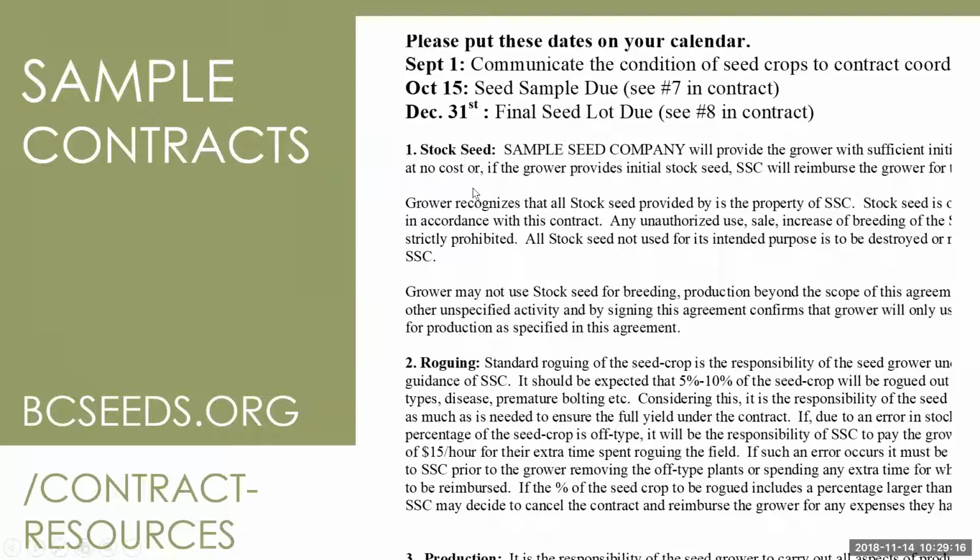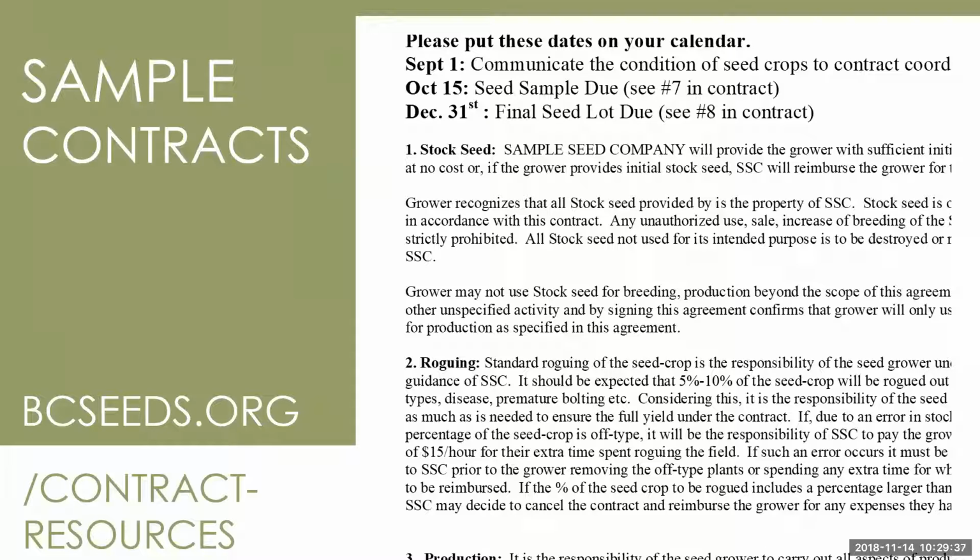With some companies, you may have a handshake contract, or in this day and age, you might do an agreement over email. For bigger companies and bigger contracts, you would be looking at something a little more formal. We have a few sample contracts on the website that you can take a look at from Fedco and High Mowing Seeds.